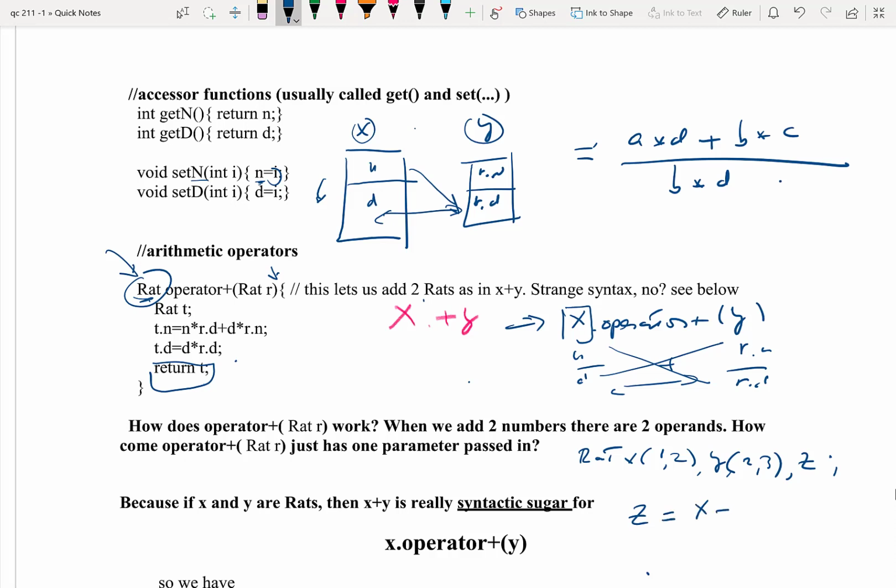So what's going to happen when I do this, the compiler is going to generate the code that says z is equal to x dot operator plus of y. It's going to do this whole thing, and then it's going to assign it to z. And so that's how we do addition of the rats.